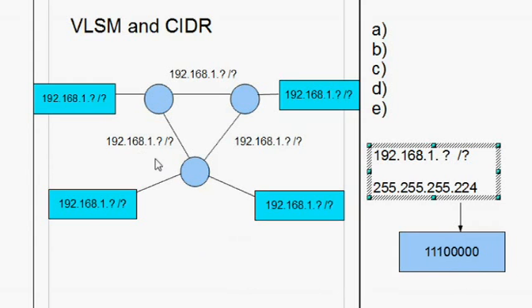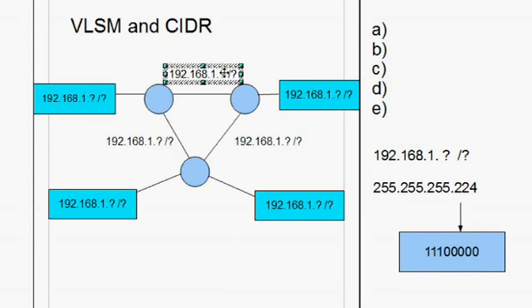So you could do the networks like this. You could say, I've got the 0 network /27. Why? 8 bits, 16 bits, 24 bits. We borrowed 3 bits, 25, 26, 27. So if I was to fill in all the networks, it would look like this.